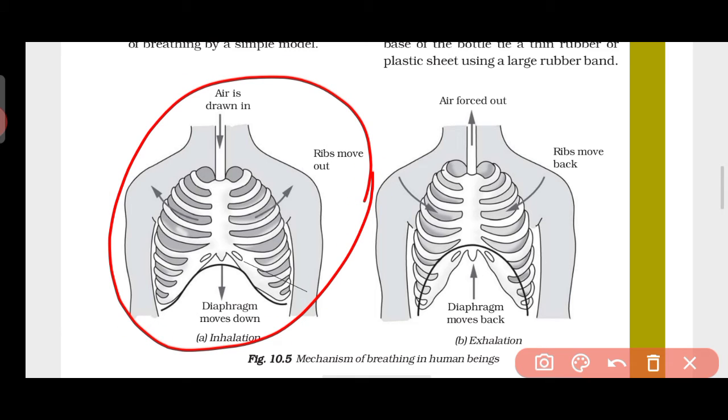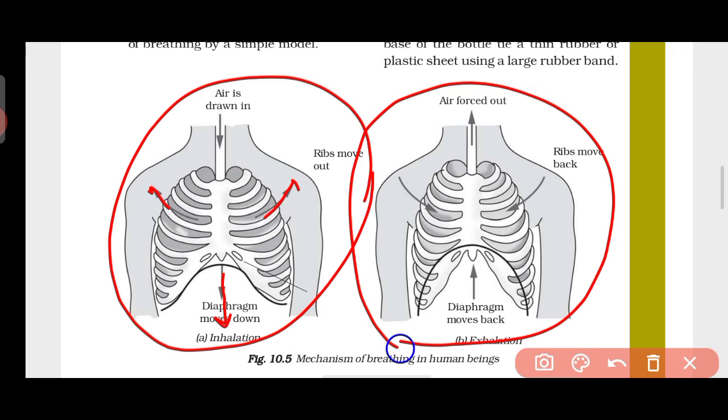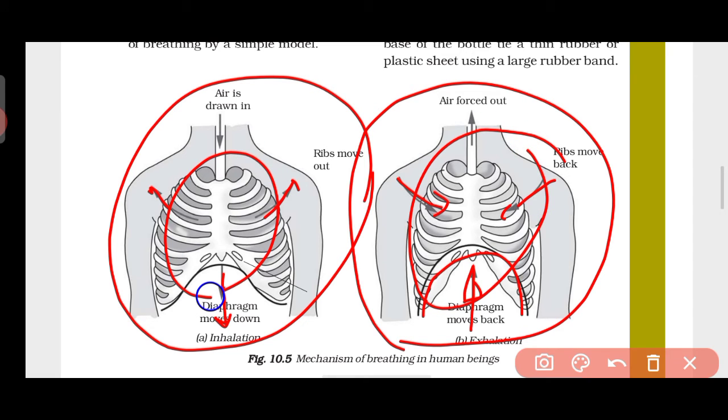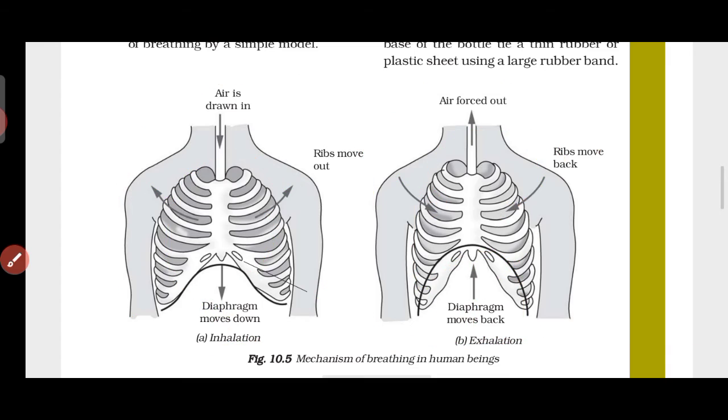While inhaling, the diaphragm moves down, and the rib cage moves up and outside. While in exhalation, the diaphragm moves up, and the ribs move inside as well as downward. So here the volume will be decreased, and there the volume will be increased to accumulate the air.